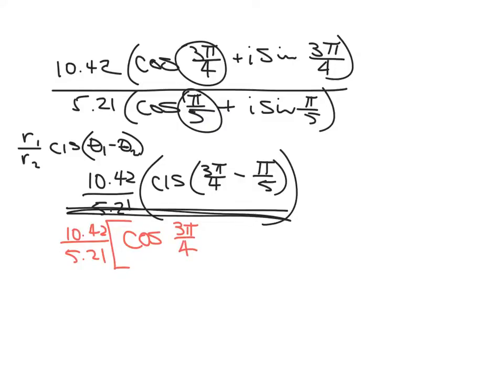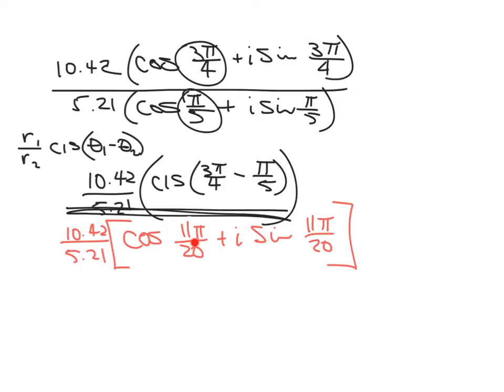Let's just go ahead and subtract. That's kind of silly to rewrite all that out. So I was going to take 3 pi over 4 minus pi over 5, but let's just go ahead and do that. 11 pi over 20 plus I sine of 11 pi over 20.